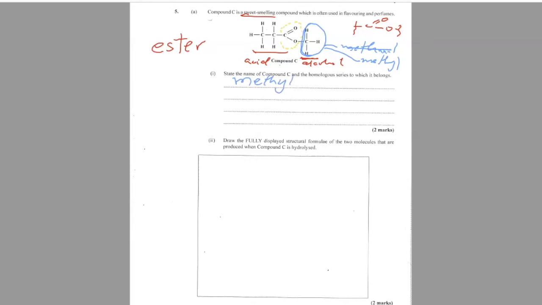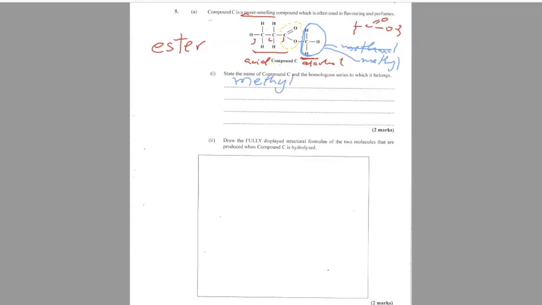And then the other part coming from the acid, the front part, is made up of 3 carbons, 1, 2, 3. So that would have been formed from propanoic acid. So the name of the compound would be methyl propanoate. Methyl from the alcohol part, propanoate coming from the acid part, which is propanoic acid.